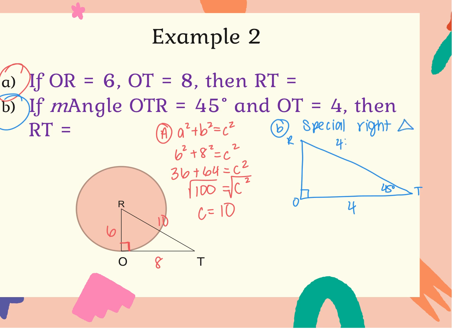I'm going to use that 45, 45, 90 rule. So I have A, A, A radical 2. What did I just write? A radical 2. So if A equals 4, what is RT going to equal?